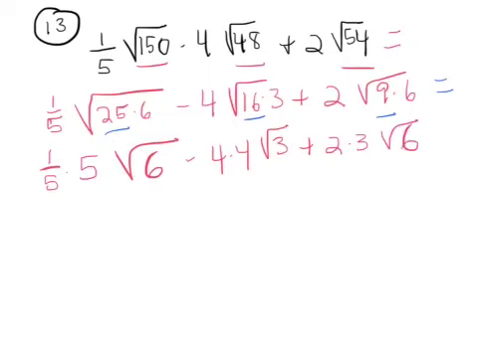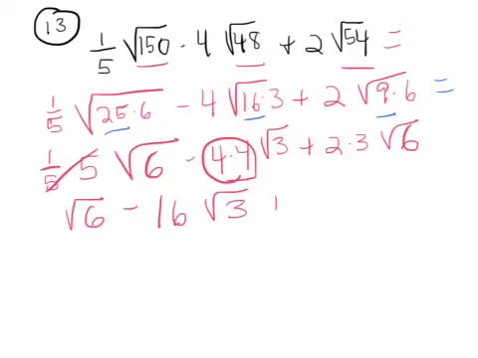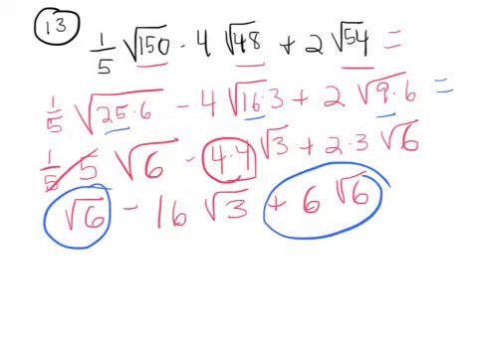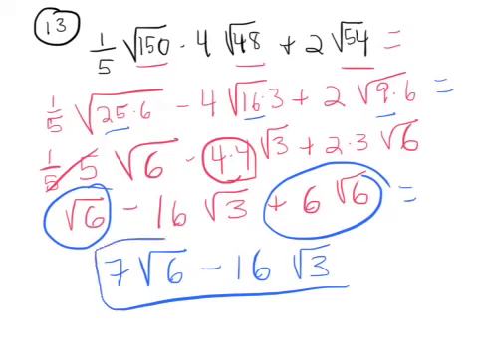Let's just clean that up a little. 5 times 1/5 is 1, so I've got radical 6 minus 16 radical 3 plus 6 radical 6. And now just combining my like terms, 6 radical 6 plus radical 6 is going to give me 7 radical 6 minus 16 radical 3. That's my simplified answer.